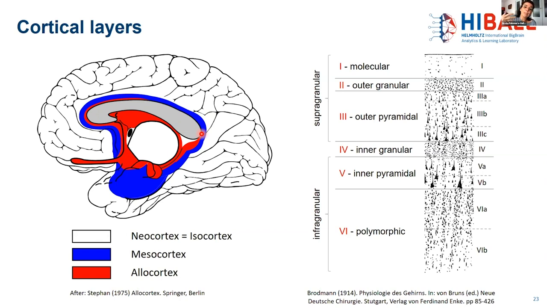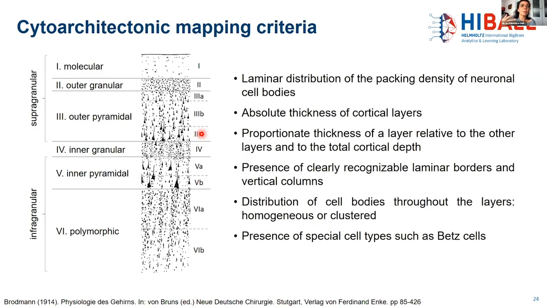Now, criteria that we use for cytoarchitectonic mapping within the neocortex, so within the part of the brain that was highlighted in white in my previous slide, is basically the number of layers that can be identified, because I said we've got 6 major layers.